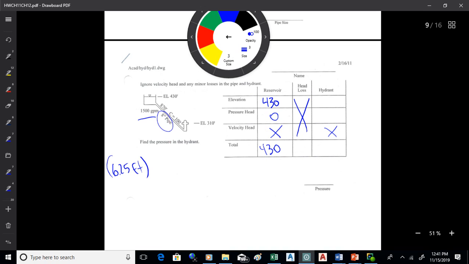Now we've got 8.7 100-foot lengths, so you factor that up and you get 54.38 feet. That's head loss, so that's subtracted. So the energy you're going to have left over is 375.62.